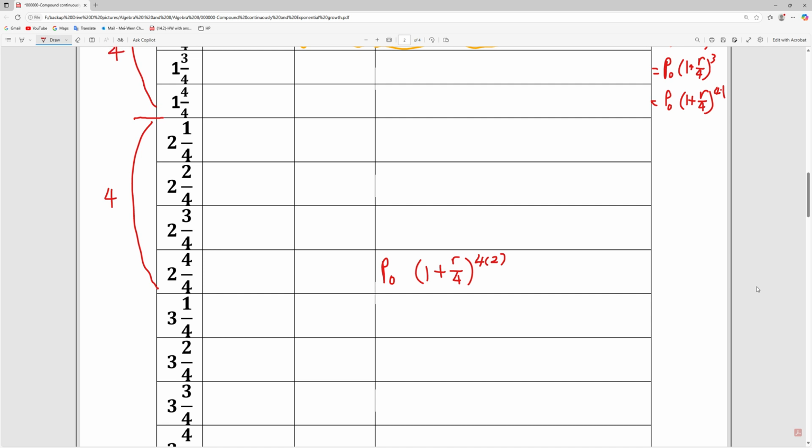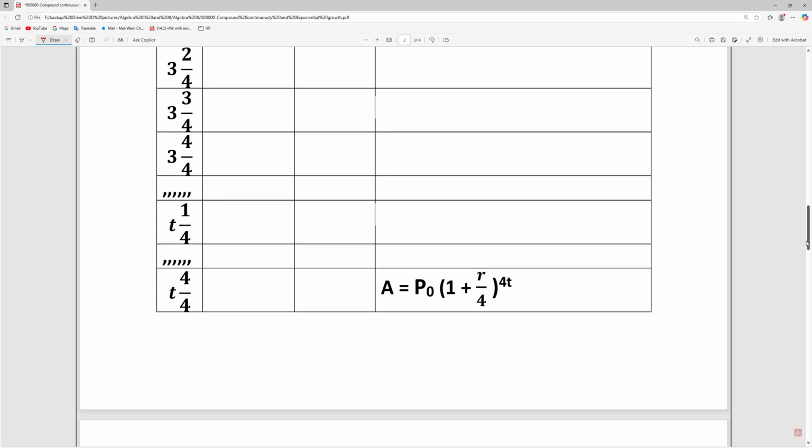First year you have 4 times, second year you have 4 times, and at the end of the third year, you have the total amount will be P0, 1 plus, every time you compound, your interest rate needs to be divided by 4. And for the T years, every year you have 4 times. So that's how you have the final formula for compound quarterly.